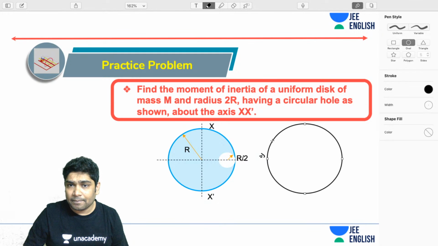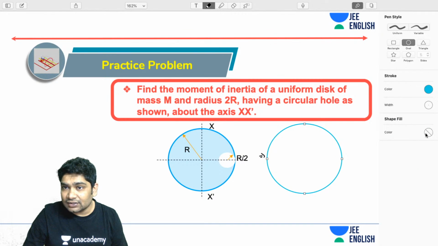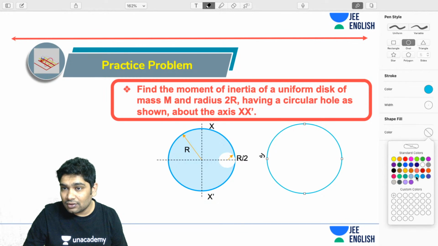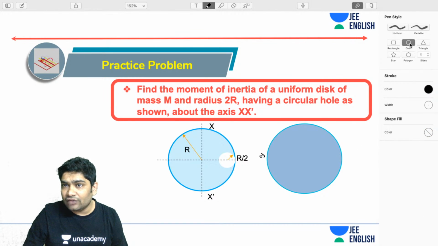Let's draw this as a solid disk, and stick to the bluish color. Let's fill this just to show that this is solid. So this is one solid disk, plus a small disk of negative mass.